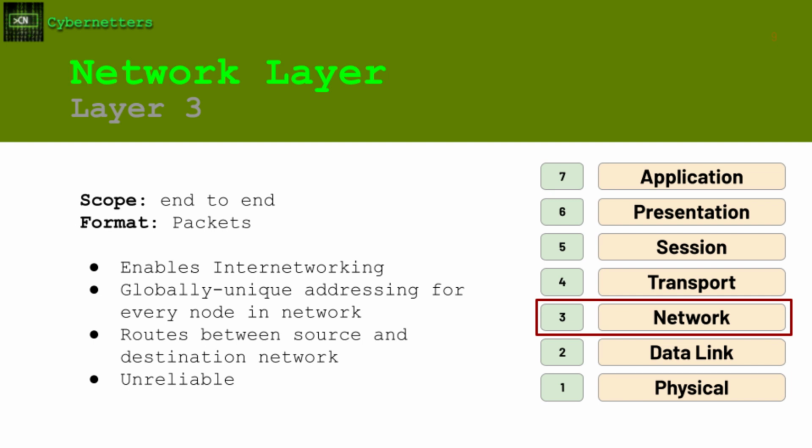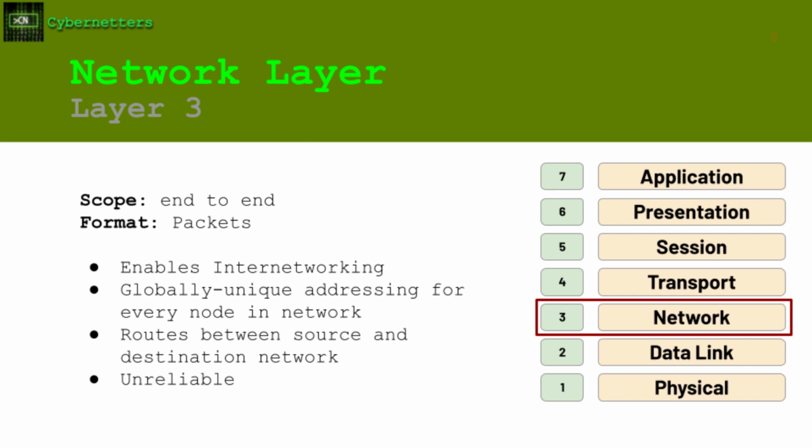that you send. So the responsibilities of the network layer are: it enables internetworking, which simply allows devices on different networks to communicate. And it assigns globally unique addressing for every node in the network, which means every device has an IP address.